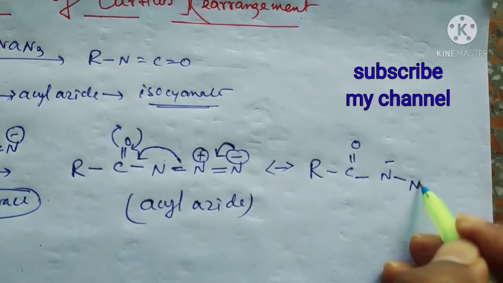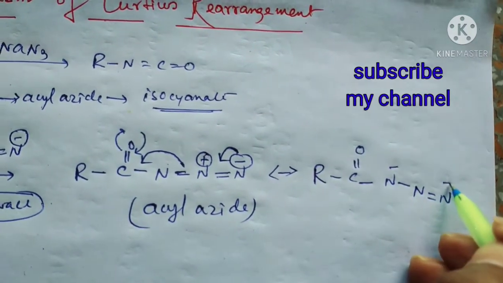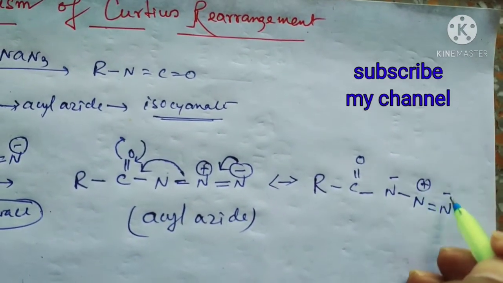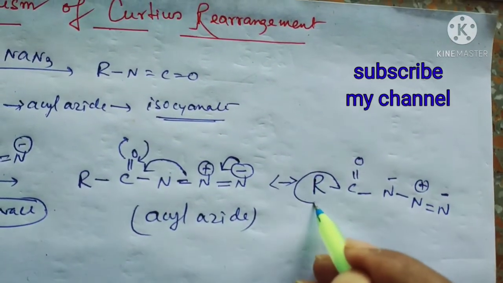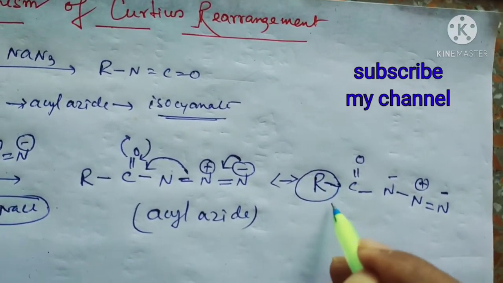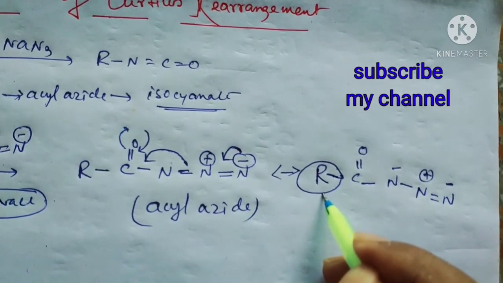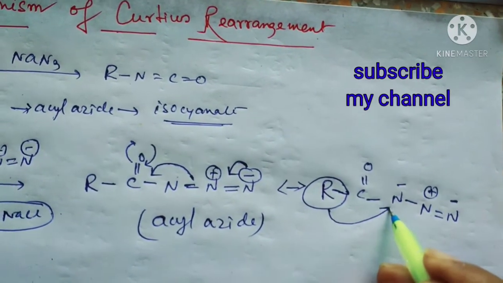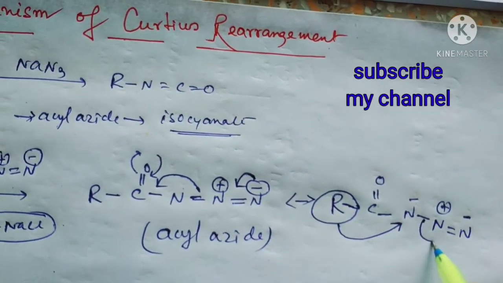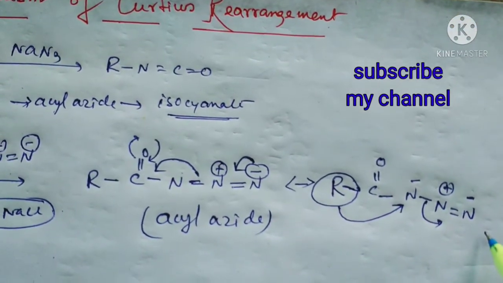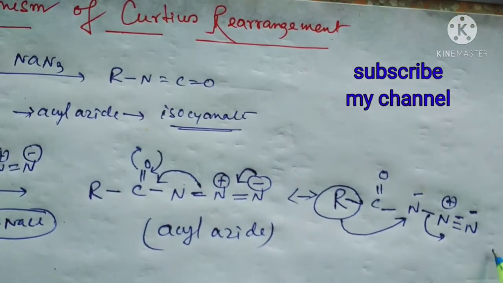This is the next step. Okay, now in this case this R moves to this point. Okay, and this bond gets out to form the nitrogen gas.